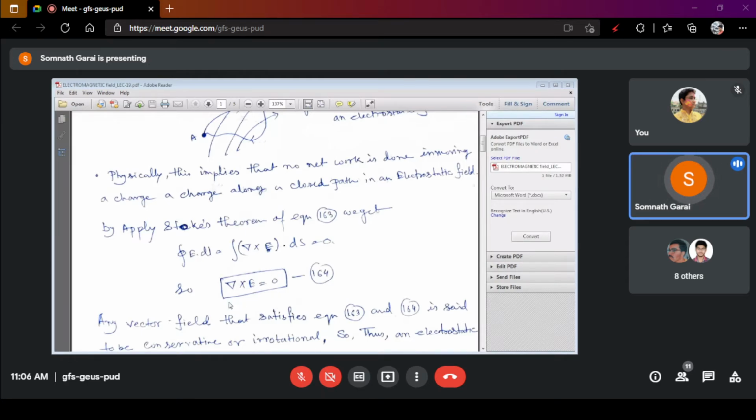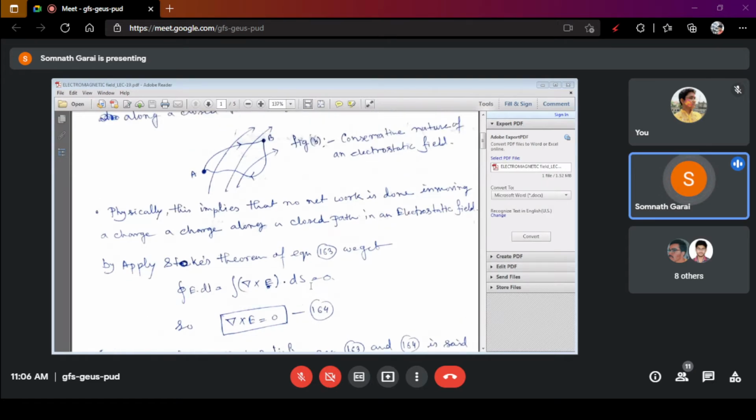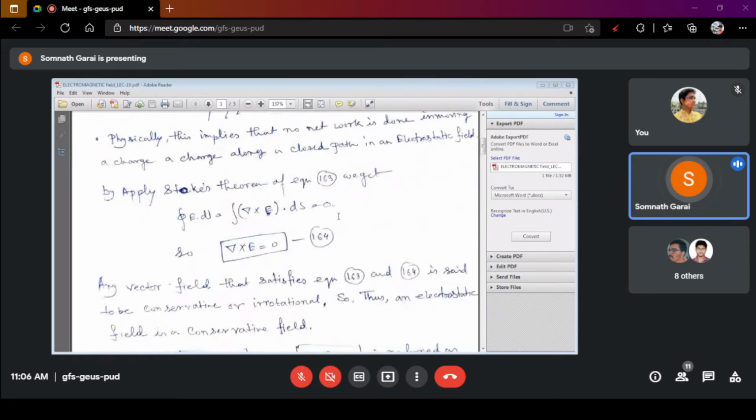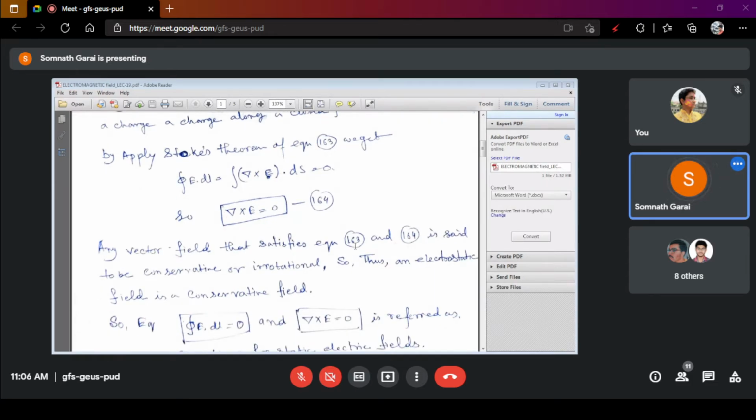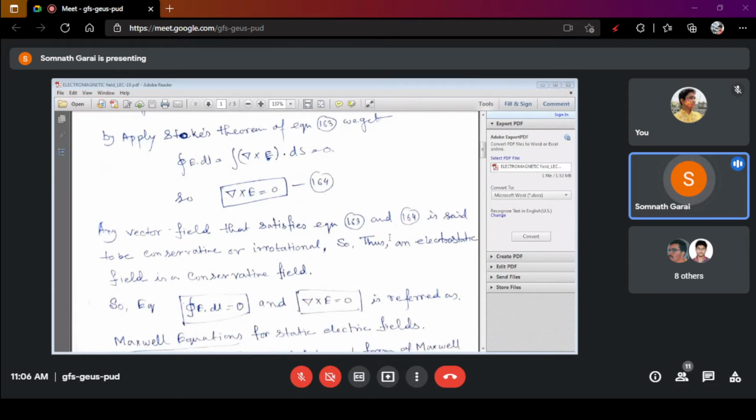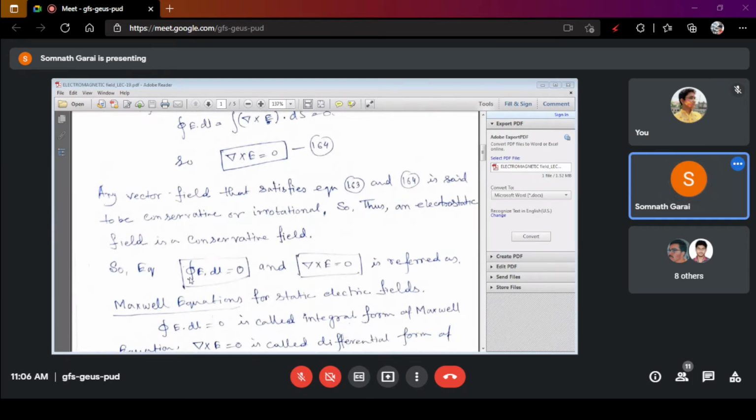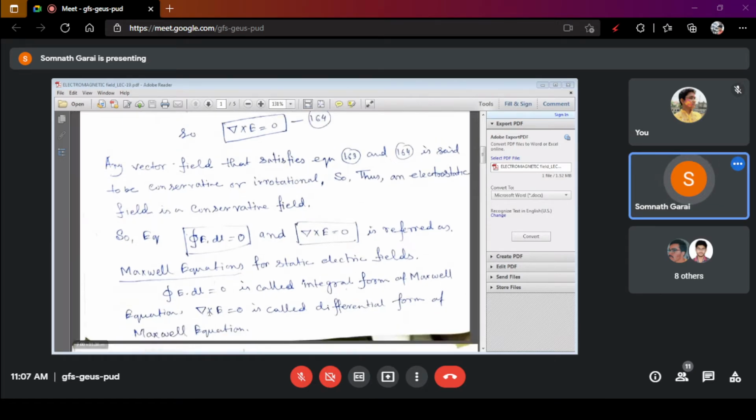So equation number 164 and equation number 163 are the two important equations in the vector field. Equation number 163 specifies that the closed integral of E dot dl is equal to 0, and del cross E is equal to 0. These are referred to as Maxwell equations.